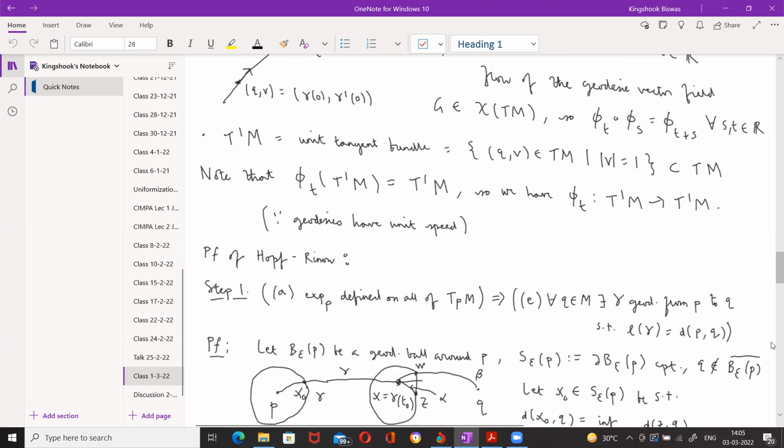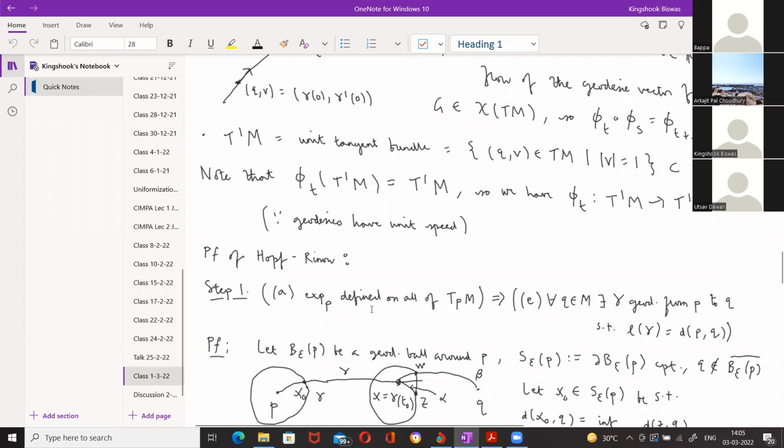The first step in the Hopf-Rinow theorem is to show that, so there are 5 conditions, A, B, C, D, E, that A implies E, where A is the statement that for some point P, the exponential map based at P is defined on all of T_P M. We want to show this implies condition E, that any point Q in M can be joined by a length minimizing geodesic gamma from P to Q.